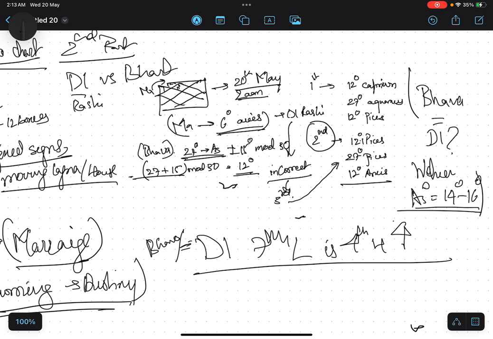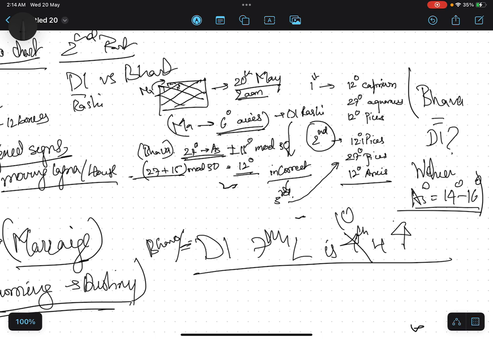So assuming that the degrees are equal and the 7th lord is in the 4th house, and it's exalted somehow, just assume that, or rather in the 10th house, even better. We will take the example of Sagittarius Lagna.